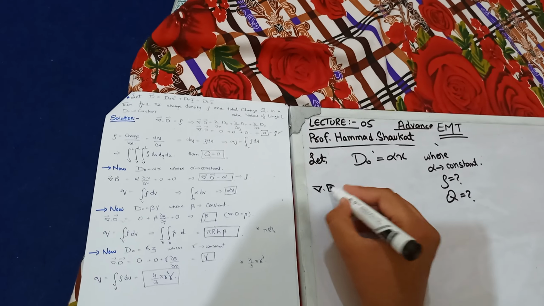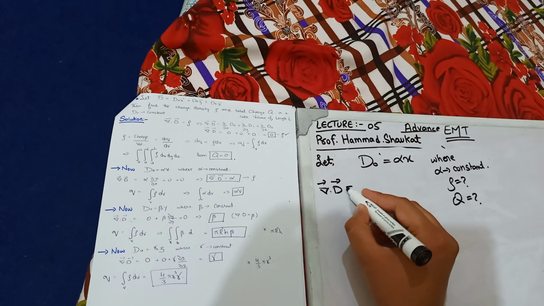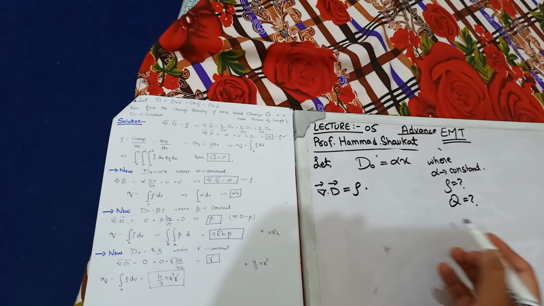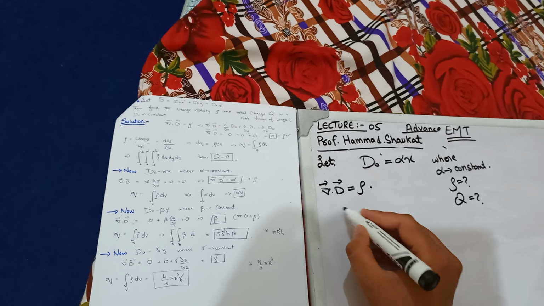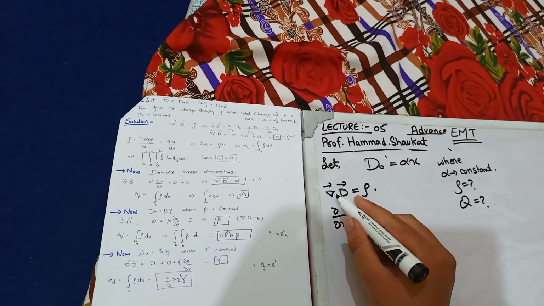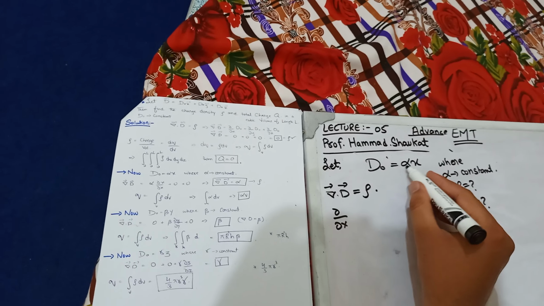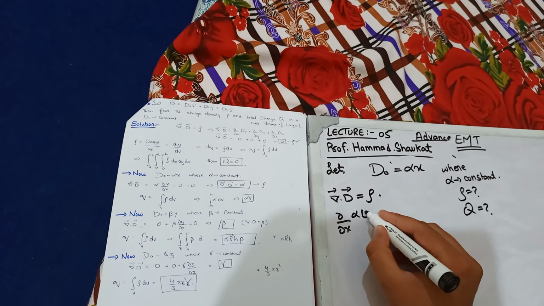And you know by Maxwell's equations that the divergence of D equals rho. We have to solve the left hand side, so we already know this equals partial by partial x of D naught, and D naught equals alpha x.